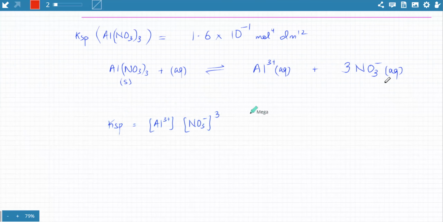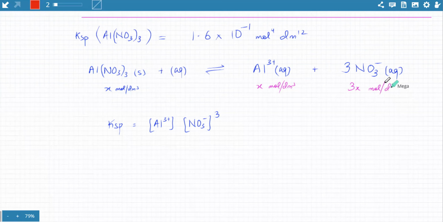Now we found the expression for Ksp. The next part is you're going to assume that x mole per dm cube has dissolved in a saturated solution. So that means the amount of aluminum ions in the solution would be x, and the amount of nitrate ions in the solution would be 3x.